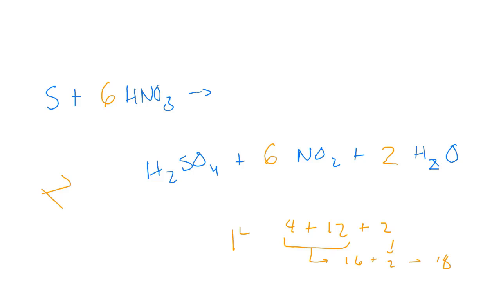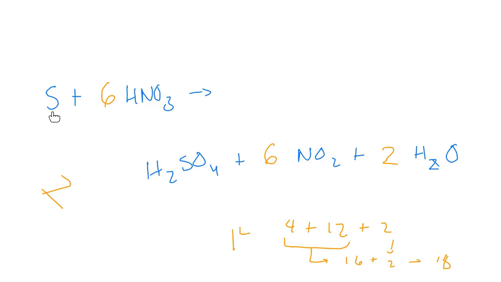That's going to be 18 oxygens. All right. So our oxygens, go ahead, pull out that pointer. We're going to be balanced over here. We have 6 times 3, 18. And as I just showed you, we also have 18 oxygens on the product side as well.